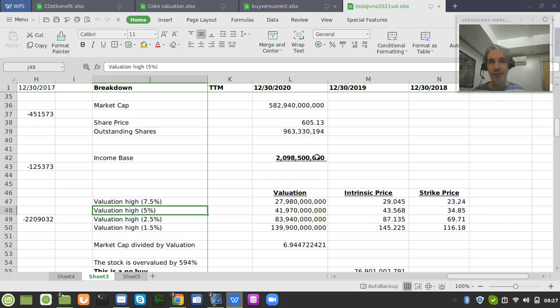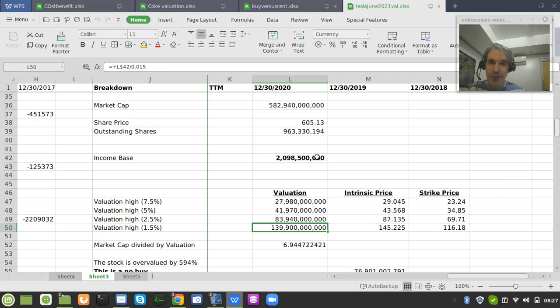So I always look at 7.5%, 5%, 2.5%, and 1.5%. And if you take 1 over those rates, it's basically kind of like a P/E ratio. So in the case where you have a 1% rate, what you're saying is multiplying the value by 100 times. So that would be the extreme low in my estimate.